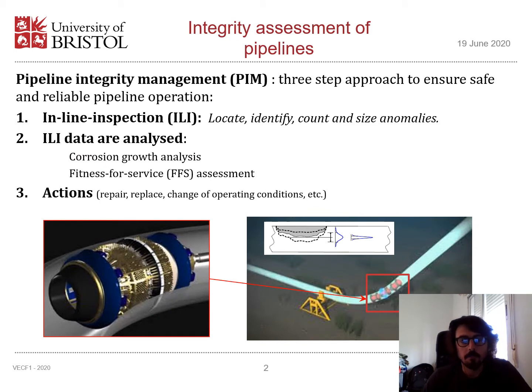To provide a little bit of background, this project was funded by BP and was in collaboration with the University of Manchester and University of Malaga in Spain, and it was mainly targeted to try to develop an approach in which the pipeline operator could easily locate, identify, and rank defects based on severity.